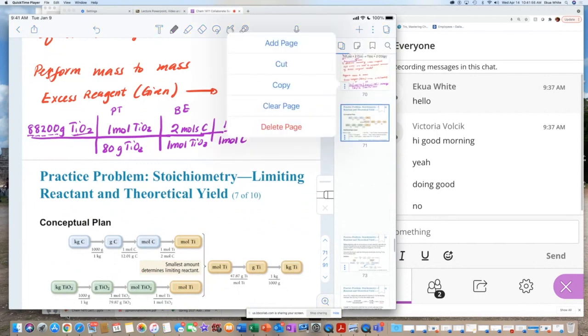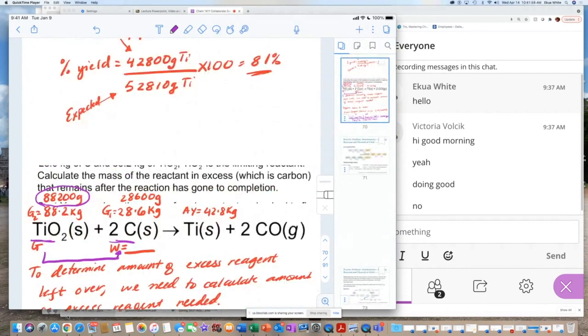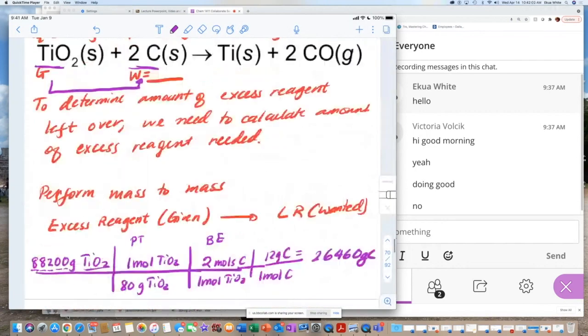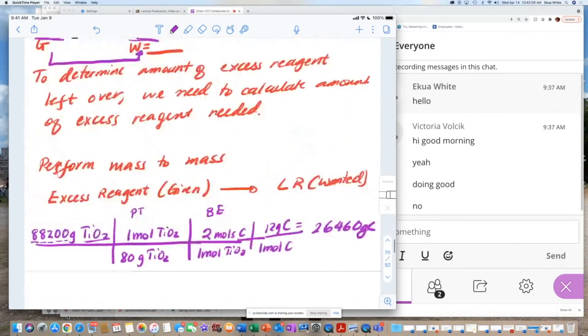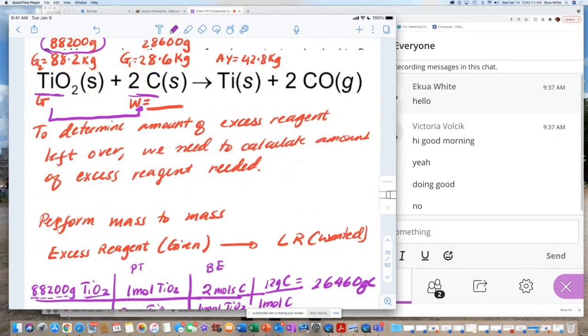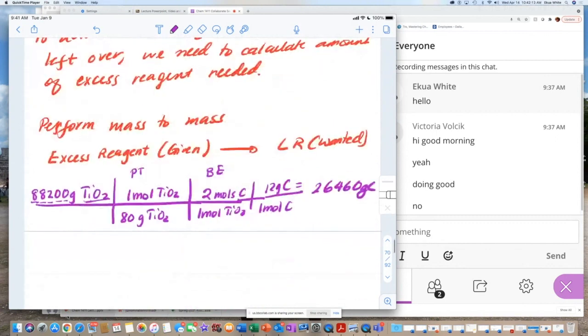No, this came in the wrong place. Add a page right here. Okay, they're saying we only need 26,460 grams of carbon. But how much did they actually tell us we had? 28,600. Okay.